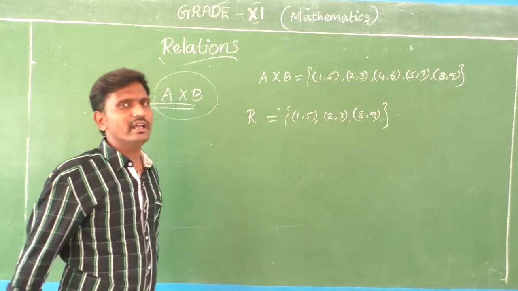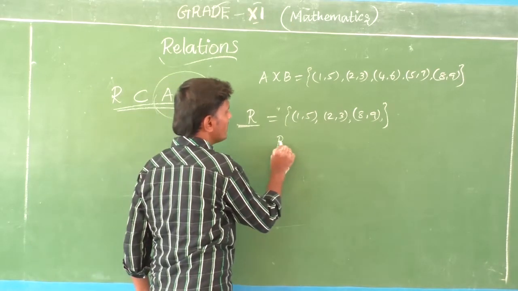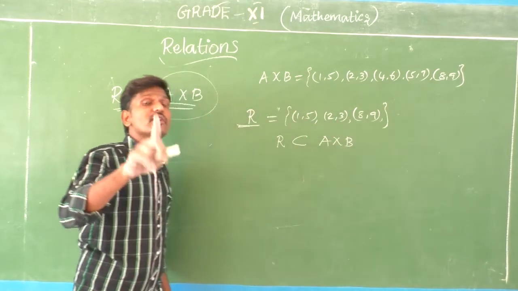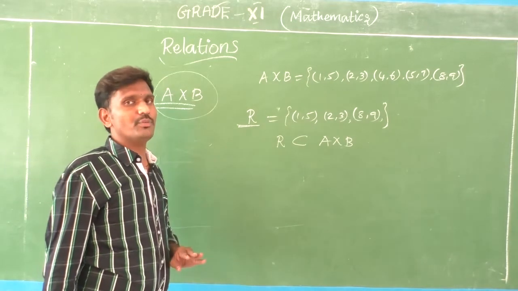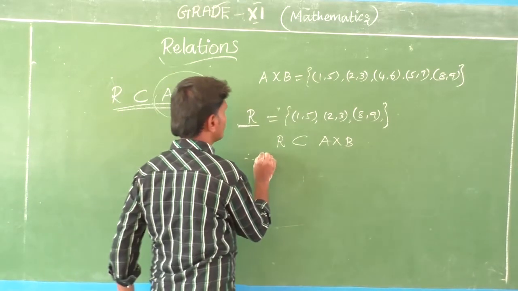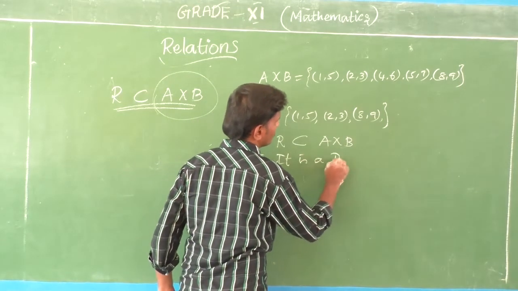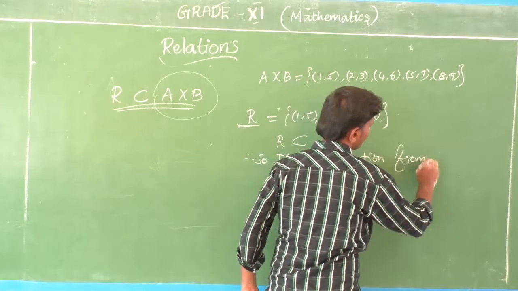So this is a relation. Why? Because R is a subset of A cross B. You already know very well what a subset is. So R is a subset of A cross B. It is a relation from A to B.